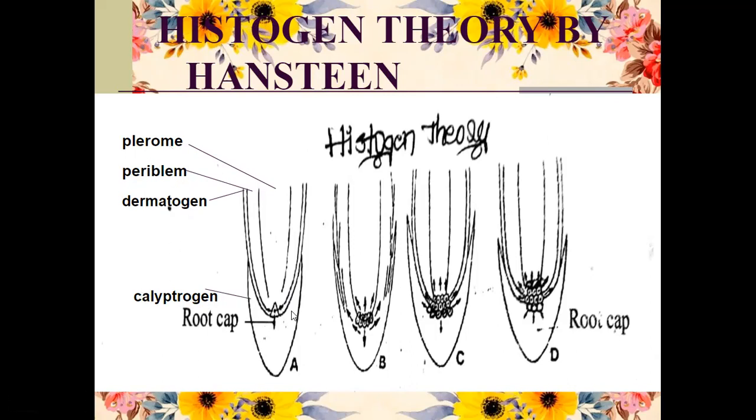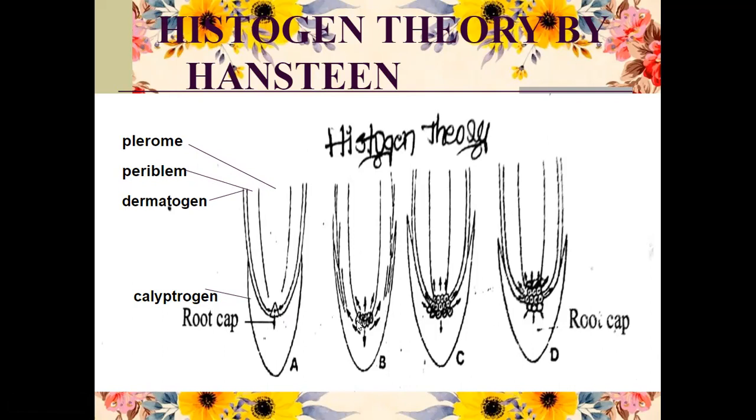Calyptrogen develops into the root cap. Dermatogen develops into the epidermis of the root. Peribulum develops into the cortex of the root. Plerome develops into the stele of the root. These 4 major parts develop from only a single histogen cell. It is applicable to the Pteridophyta root system. And this theory is similar to Hofmeister's apical cell theory.